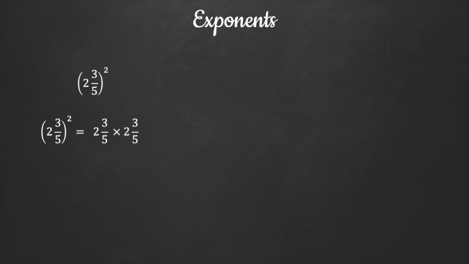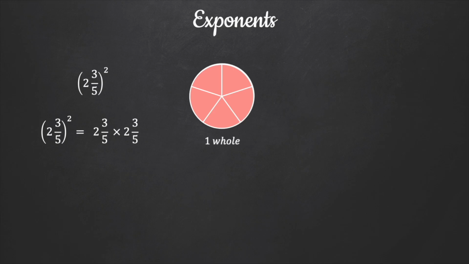Now here we're talking about fifths, and remember that in order to make one whole, we need 5 parts shaded out of 5 equal parts, meaning that one whole is equal to 5 out of 5. Now, in our example, we have 2 wholes.